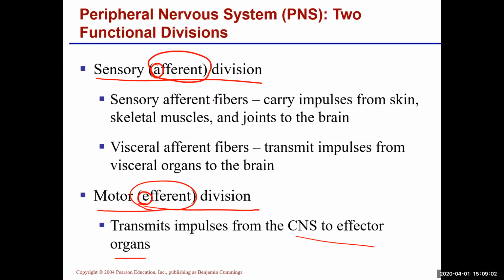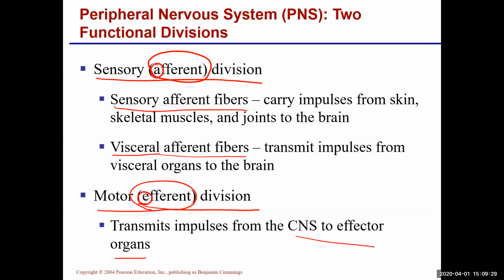Now, sometimes this signal could be coming in from our organs. If it is from an internal organ, usually we call it visceral afferent fibers, as opposed to sensory afferent fibers. Sensory afferent impulses can be coming from the skin, joints, ligaments, skeletal muscle, things in that nature.